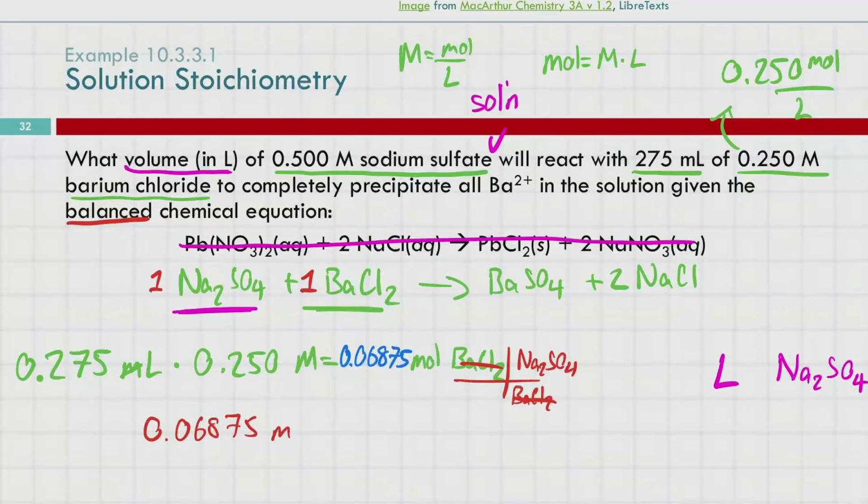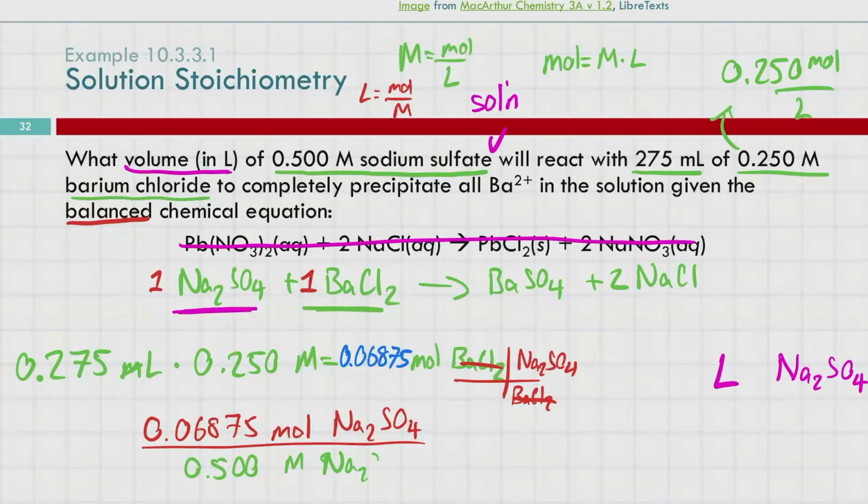Okay, so now we've got 0.06875 moles Na2SO4. We want to get to liters. We have molarity of Na2SO4. Molarity equals moles over liters. We can rearrange this to find liters. Liters equals moles over molarity. So we take our moles, we divide it by the molarity, 0.500 molar Na2SO4.